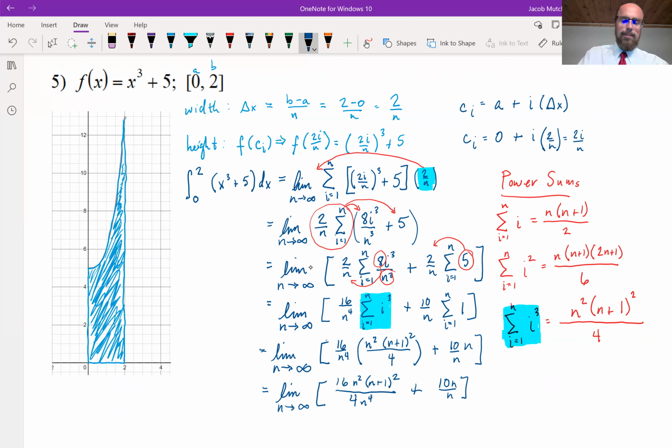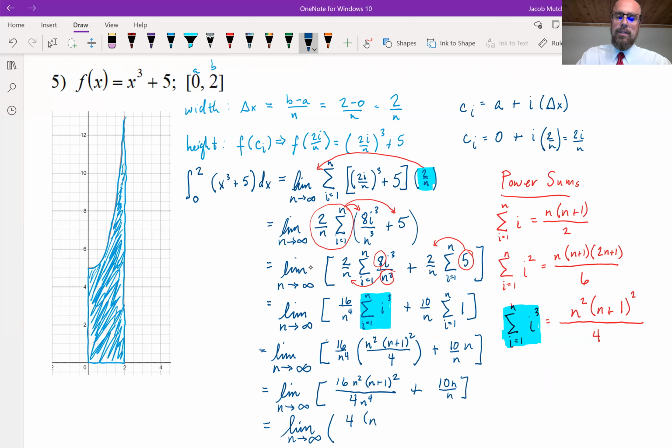Now what I want to do is make some cancellations if possible. Still we're looking at the limit as n approaches infinity. Within that first fraction, I can cancel 16 divided by 4. That's going to leave 4 in my numerator. I also have a cancellation in my n powers. n squared is above, n to the 4th is below, so that entire n squared is going to cancel.